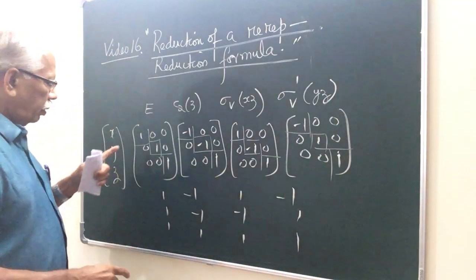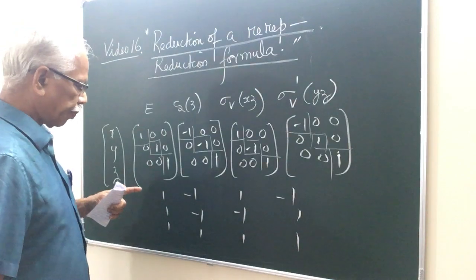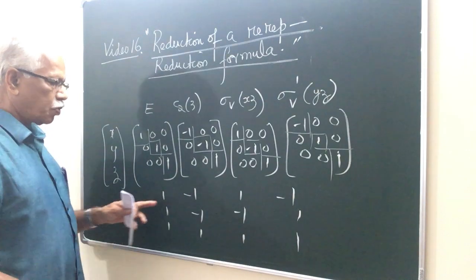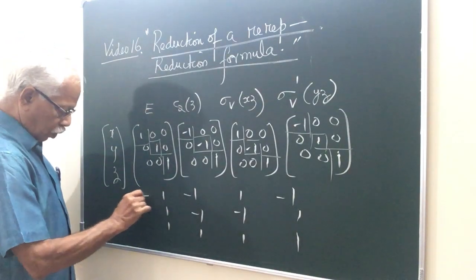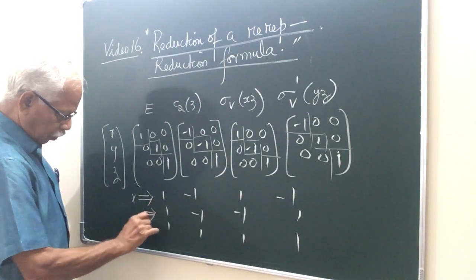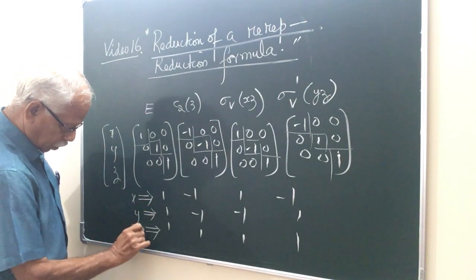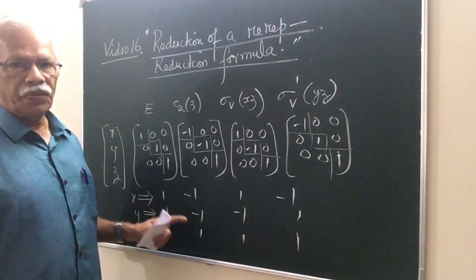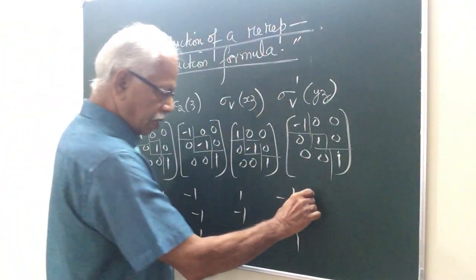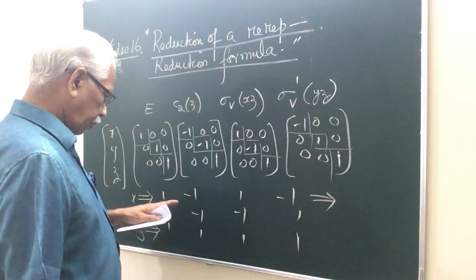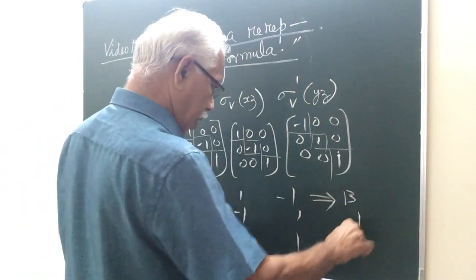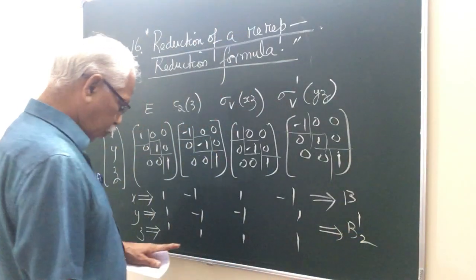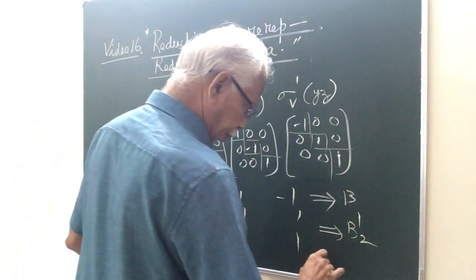Since the first set of matrices, being one-dimensional, are characters themselves, it corresponds to x, the second one corresponds to y, the third one corresponds to z. Since we know the Mulliken symbols of these irreducible representations, this corresponds to B1, this corresponds to B2, and this corresponds to A1.